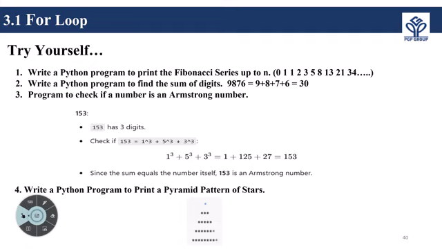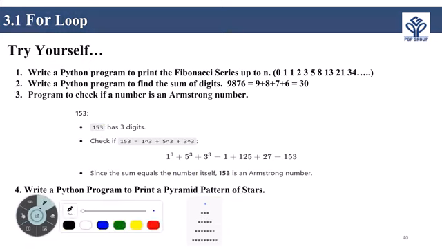So this is an example for you, this is a given assignment, okay. So try yourself: write a Python program to print, so this is an example; write a Python program to find sum of digits; write a program to check if a number is an Armstrong number.